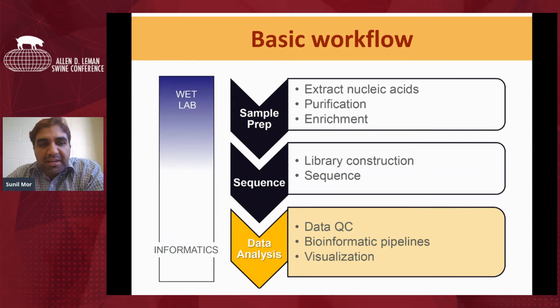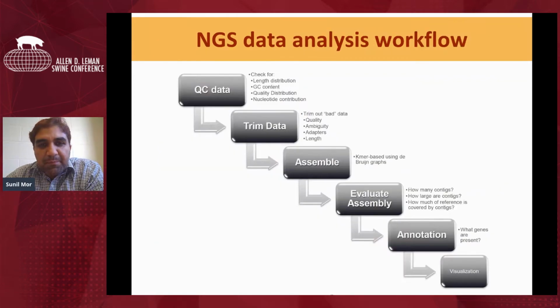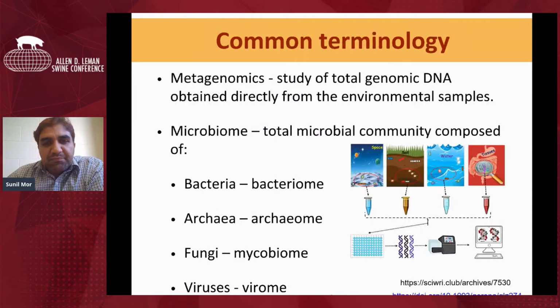So NGS is divided into two main components, the wet lab, sample prep to sequencing, and then bioinformatics analysis. Here is the overview of the sequence analysis. It's a very complicated and long process, but ultimately we just see the final output, like how our sequence relates, or whether it's a new virus or new pathogen, and make the decision based on those results.